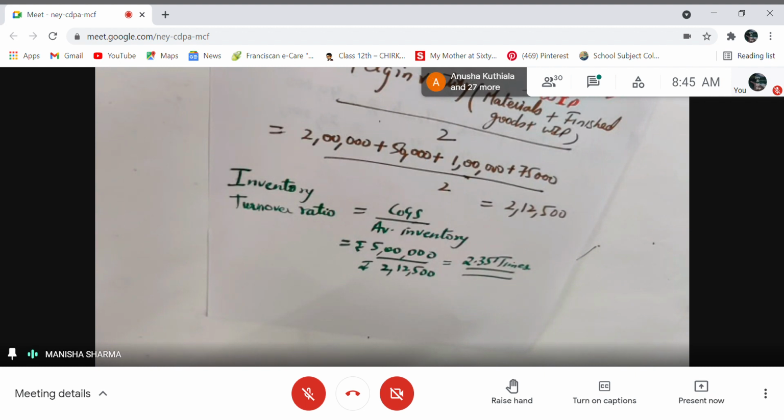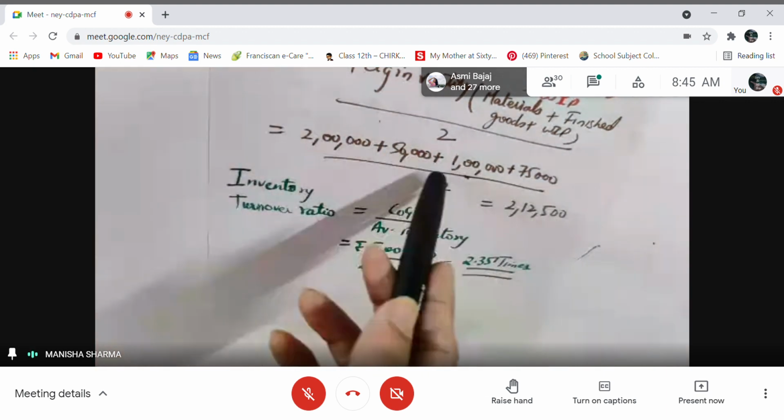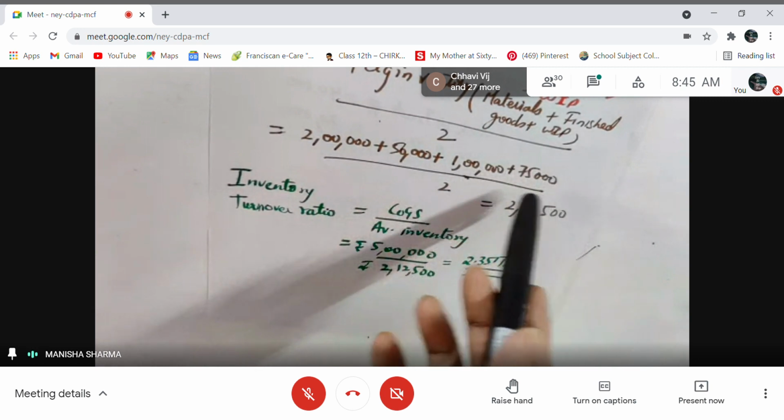Cost of material consumed, if you remember the first chapter, is about raw material, then finished goods, inventory of or purchase of finished goods, stock of finished goods. That will be the second head, and third will be work in progress, right? So as I told you, in the question there are two opening inventories and two closing inventories of two different heads.